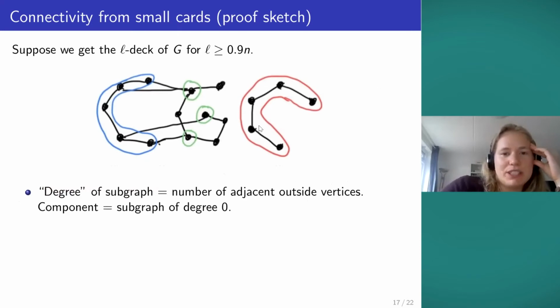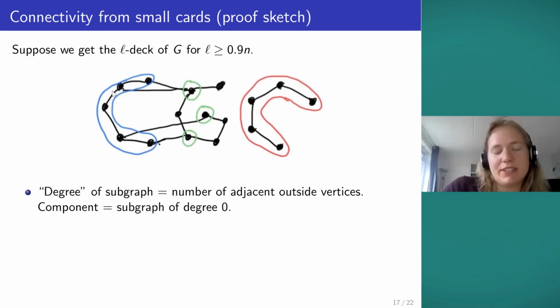If we look at this graph over here, then we see that there's a graph that looks like this over here, which doesn't have any neighbors, so it has degree 0. There's also a graph in blue over here, and it has 3 neighbors, which are circled in green. And the idea for our connectivity approach is also to start counting the degree sequences of components. And then we just need to know, are there any subgraphs for which the degree of the component is equal to 0?